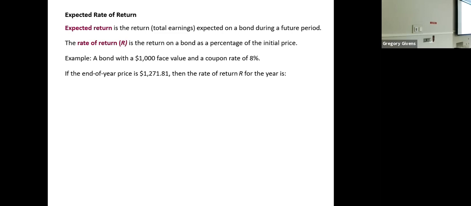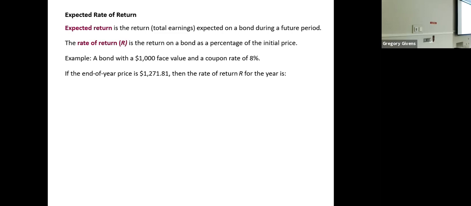So it pays a coupon of 80 bucks per year, okay? If at the end of the year, the bond has appreciated in price to $1,271.81, then what was the 1-year holding period rate of return on this bond? How do we find that?